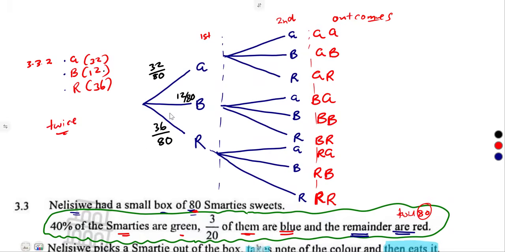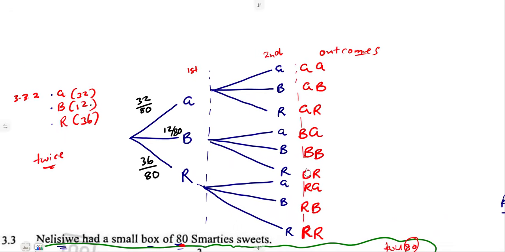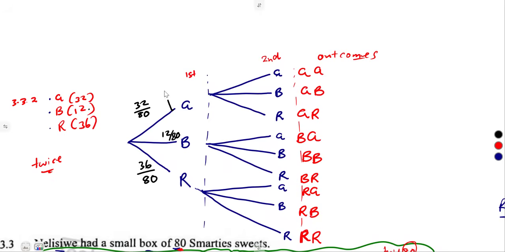So this is it now about without replacement. It affects the branch that you start with. The green affects the green. You pick a green, you eat that, so it affects its total. There were 32 that are green. So when you take and do not replace, it affects the total for that green only. If it was 32, 32 minus 1, they are now 31, out of the whole total of the box.